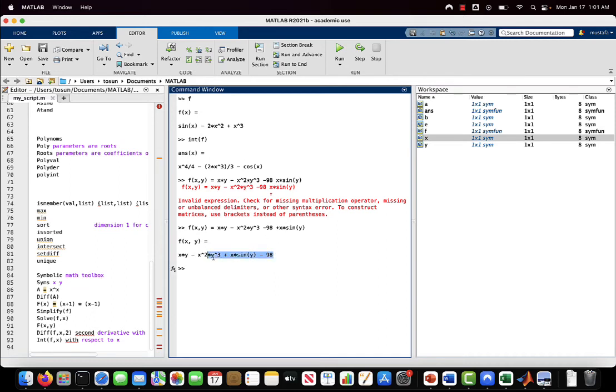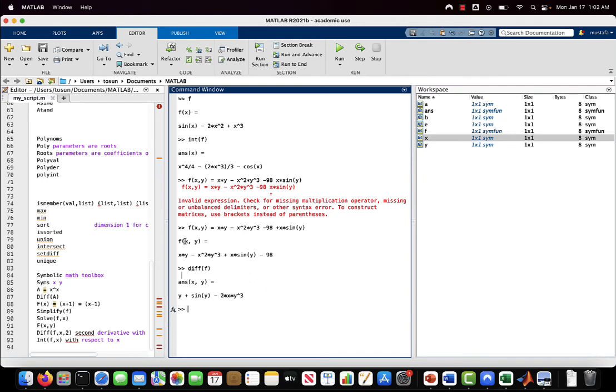Right now I have a function with two variables, and if I want to differentiate that function, I can use the diff function with f. If I click enter, you will see a first derivative of f with respect to x.